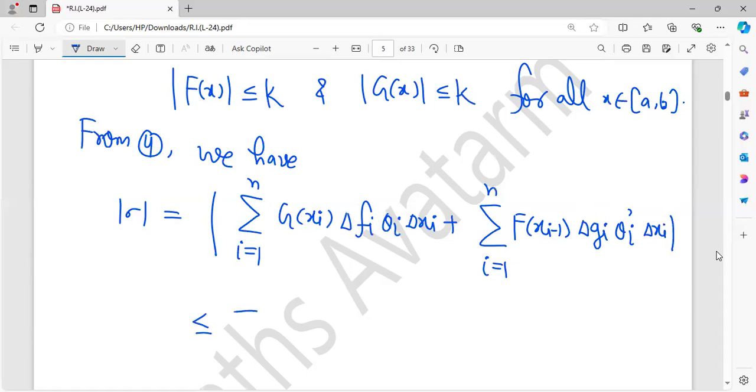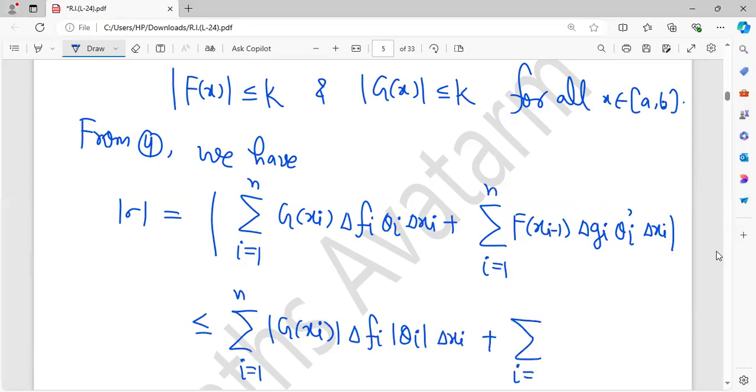Then this will be less than or equal to summation I goes from 1 to n of G(xi), but this is non-negative, so theta I and delta xi will remain as they are, plus summation of F(xi minus 1), so delta g will remain as it is, and this is theta I dash, and delta xi will remain as it is.